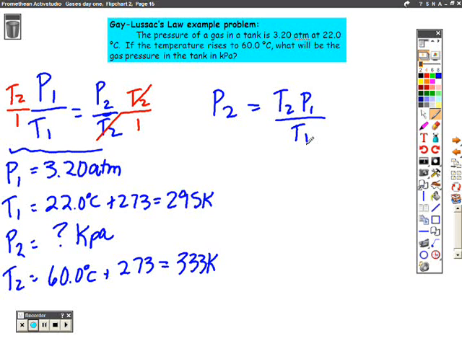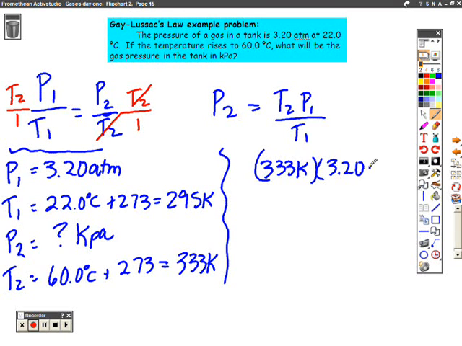Now, let's just plug it in. I've got my T2 temperature is 333 Kelvin. My initial pressure is 3.2 atm. And my initial temperature was 295 Kelvin.